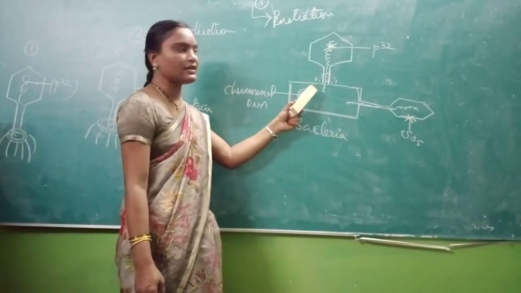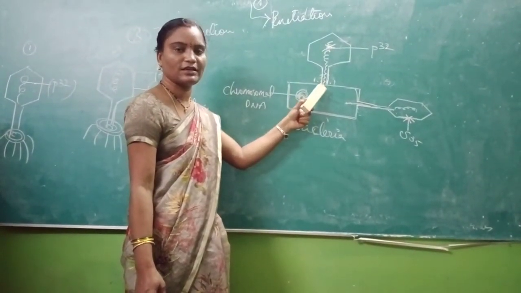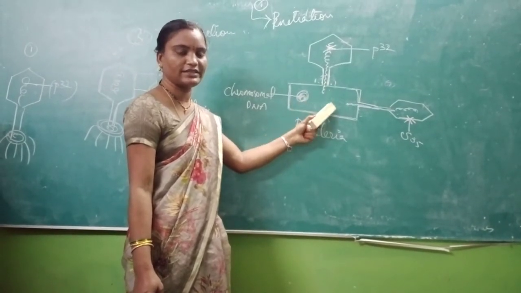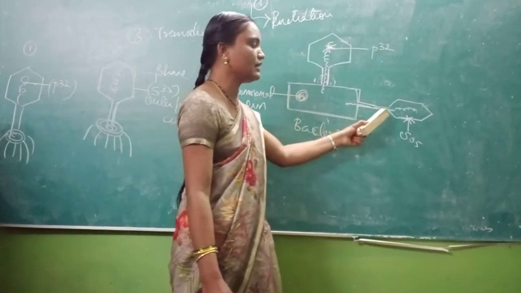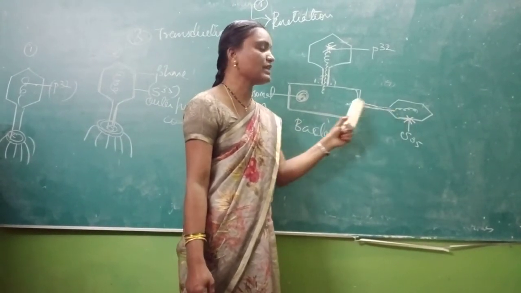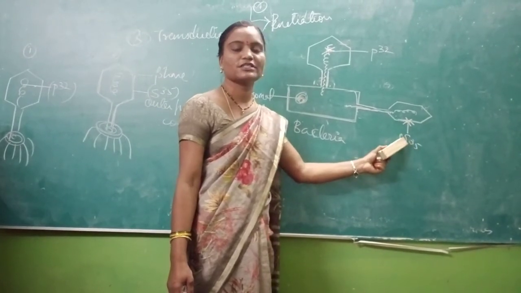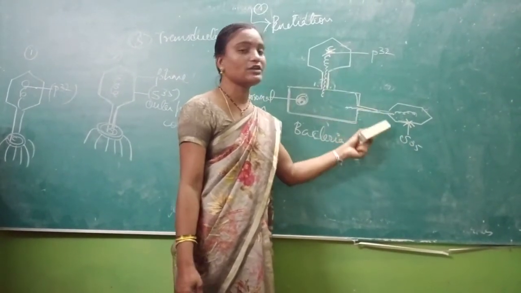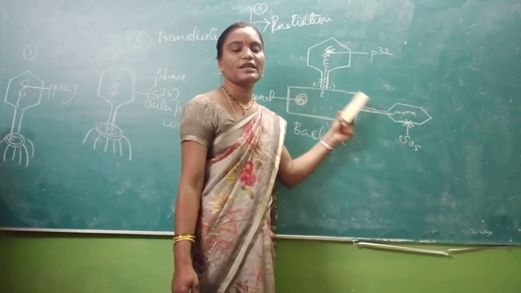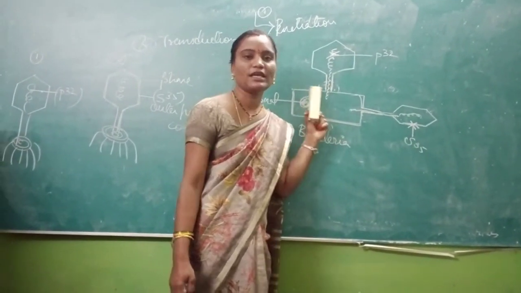So, in penetration, the radio-labeled P32 DNA of the first phage enters the bacterial cell, and the normal phage DNA of the second phage enters the bacterial cell, but the protein coat does not enter in either phage. Only the phage DNA enters the bacterial cell.